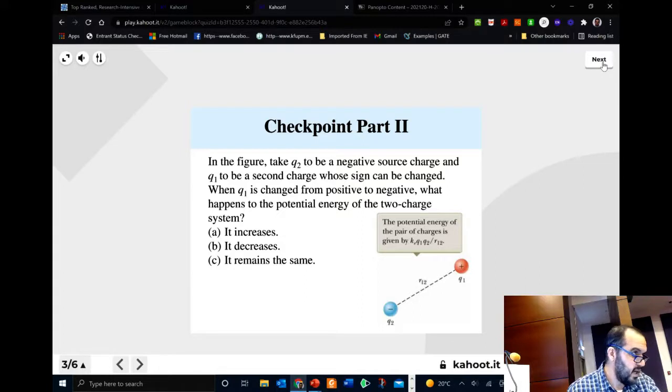Okay, so I'll give you a few seconds to think about it. You can write it down on your paper. What do you think will happen to the potential energy of the two charge system if we change one of them? Remember, Q2 is negative, Q1 is changed from positive to negative.